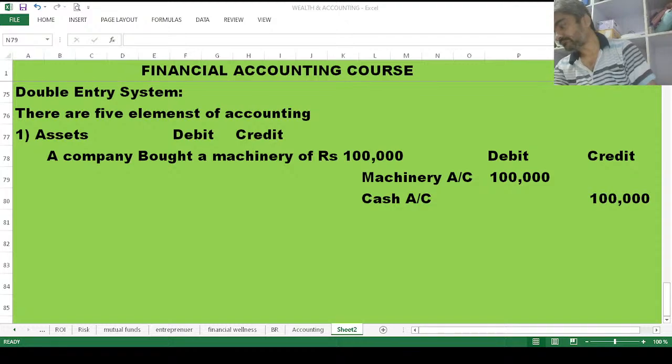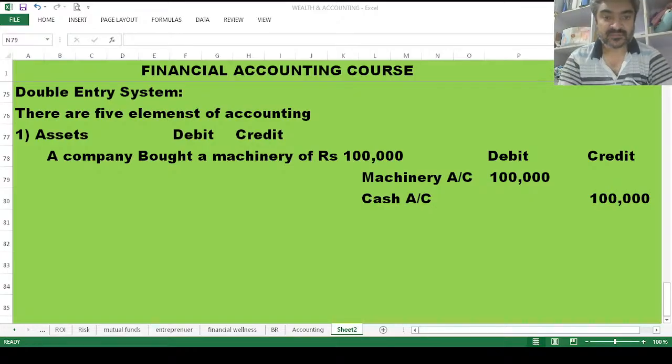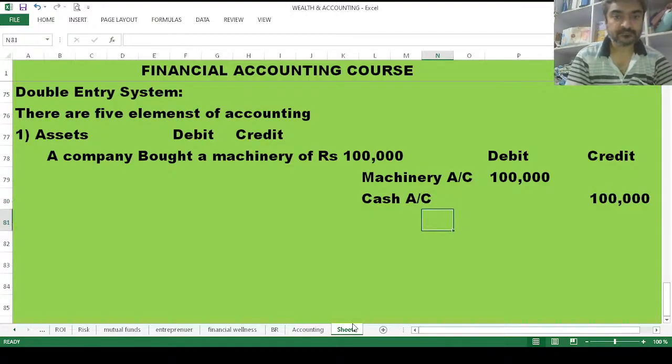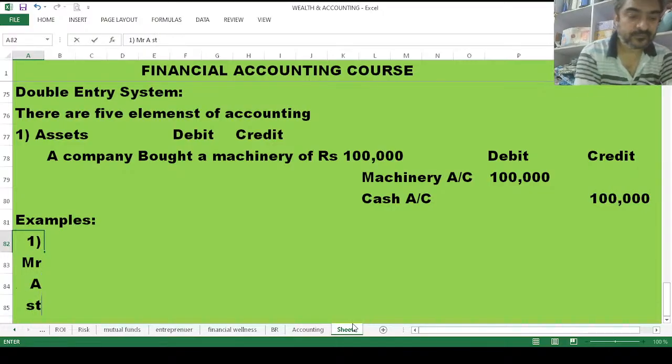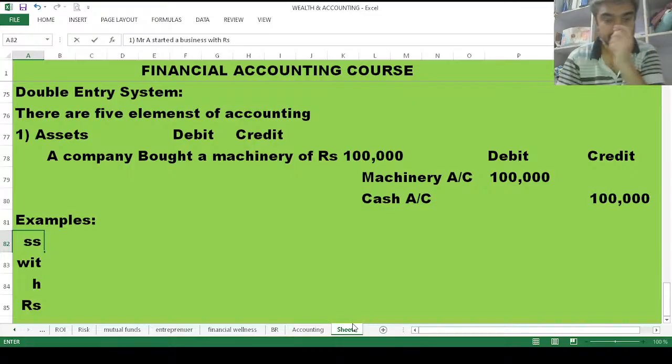Now let's practice with some examples. The number one example is that Mr. A started a business with rupees 1 million.